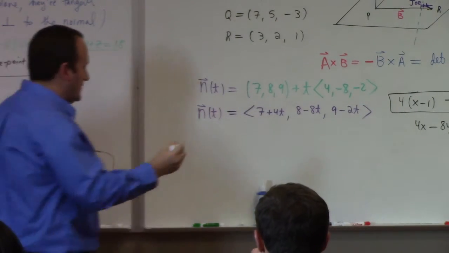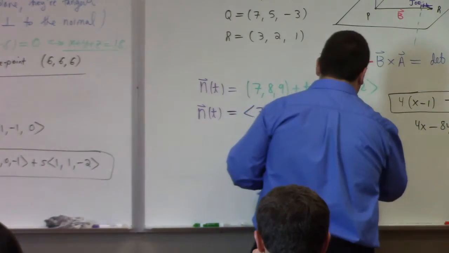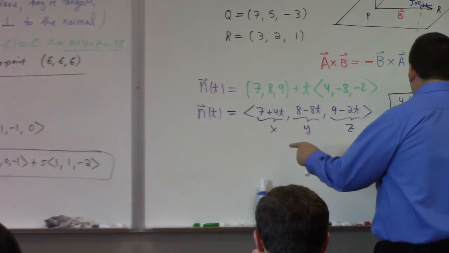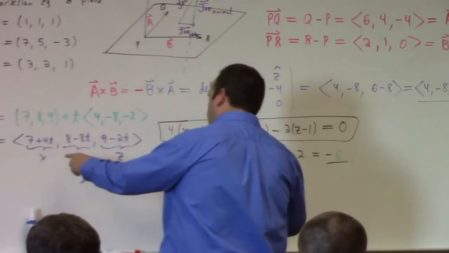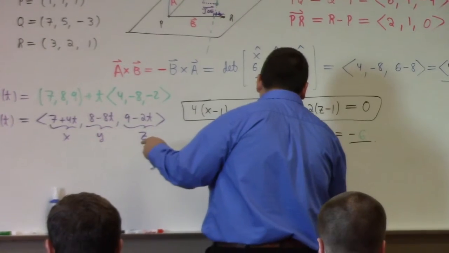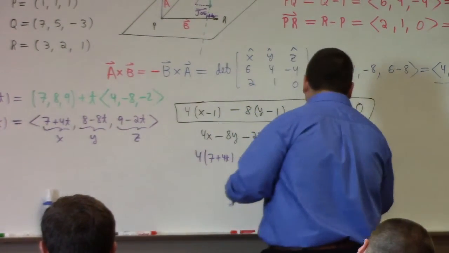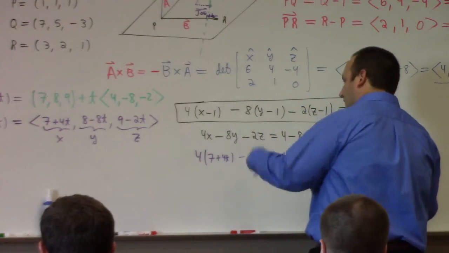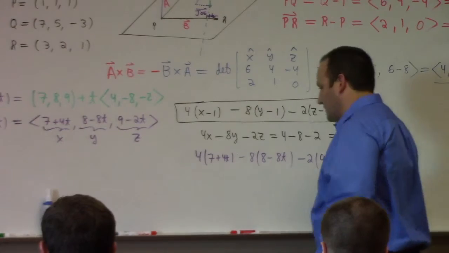In other words, this is x, this is y, this is z, and so we do 4 times 7 plus 4t, minus 8 times 8 minus 8t, plus, or rather minus 2 times, insert the z, 9 minus 2t. All of that is equal to minus 6. Thankfully, we worked that out.